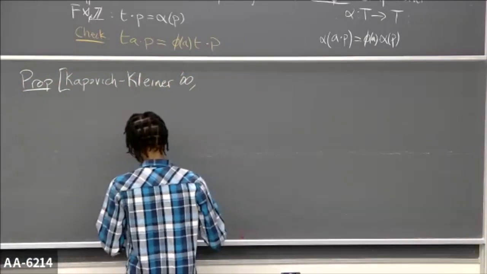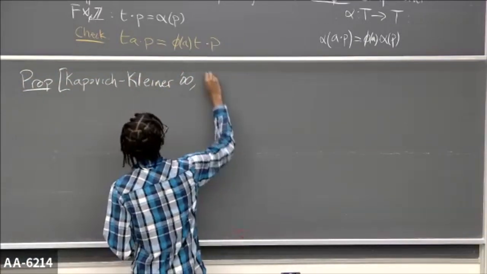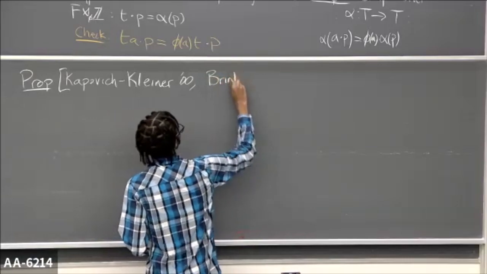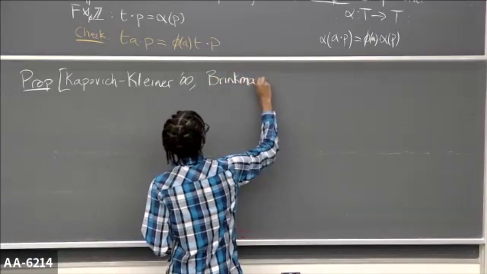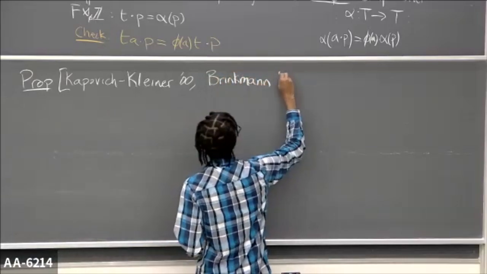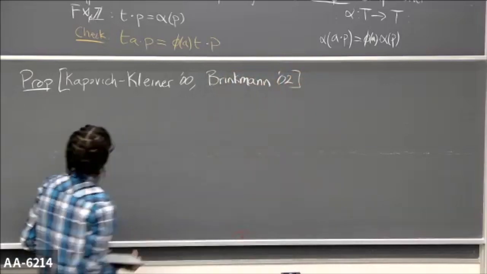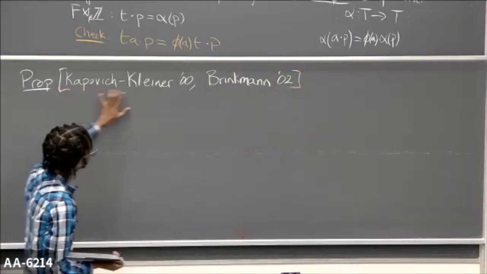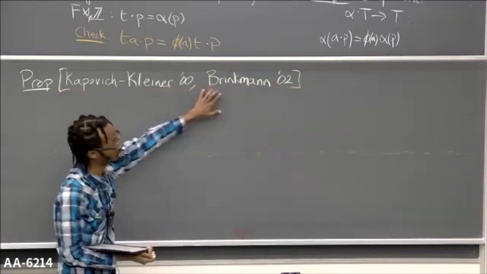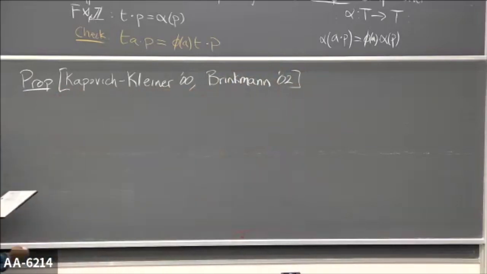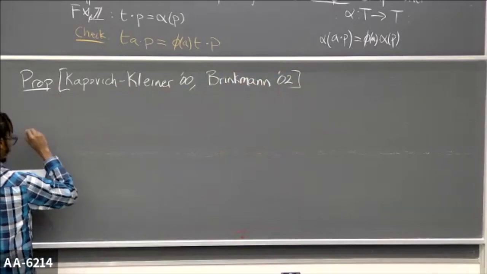And then Brinkmann was interested in a more general setting. This was later. So if you want a reference to see where this proposition is proven, there are two proofs, which are basically the same proof.